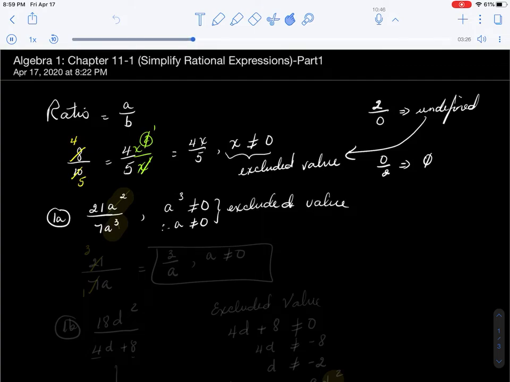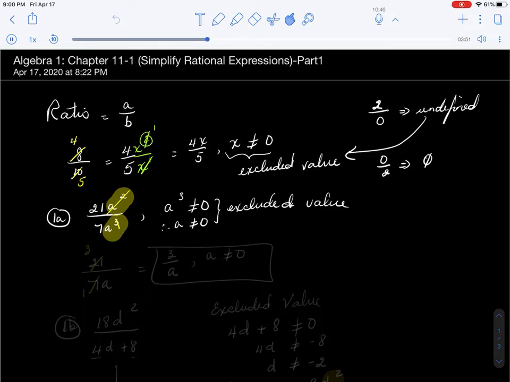Now let me simplify. There is 2a right here, and there's 3a right here. They have a squared in common, so that's going to cancel out. That becomes a 1.